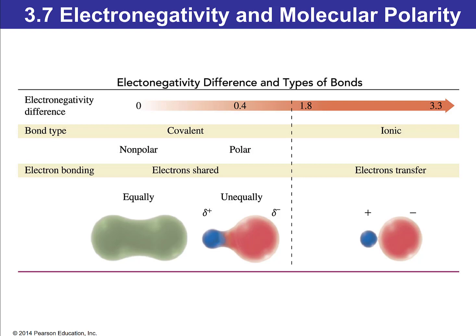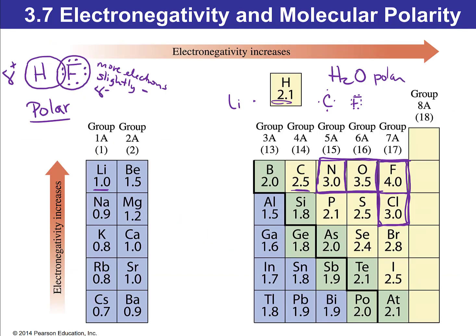So other examples, if you have very little electronegativity difference, anywhere from 0 to about 0.3, they'll share their electrons very, very close. So if we look back at this, the carbon to hydrogen covalent bond in methane.